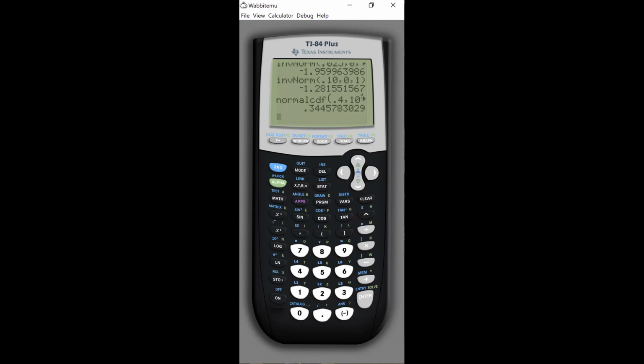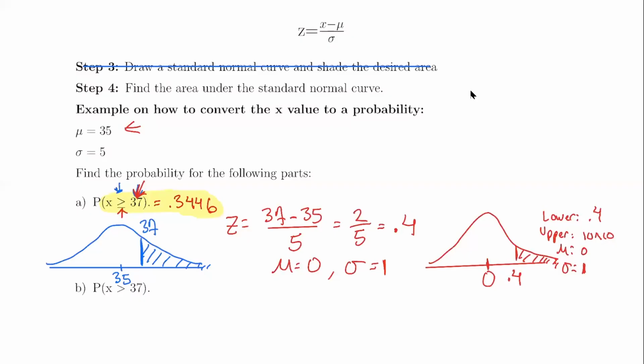And let me go back to my work pad, so that we can see how I wrote it. Right. So that's your answer for A. Any question in regard to A?